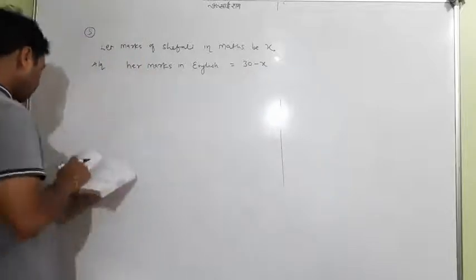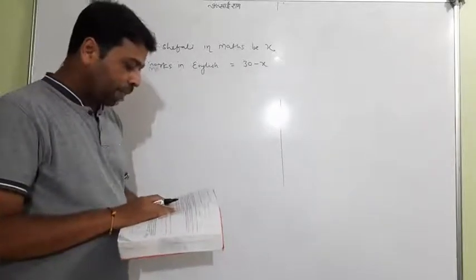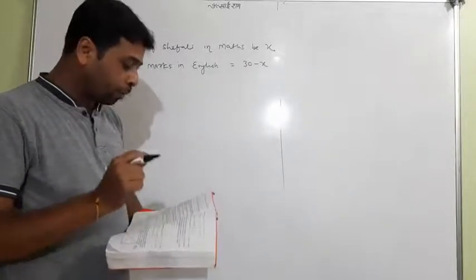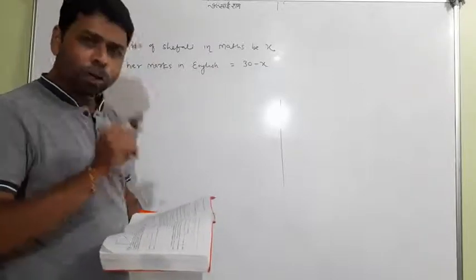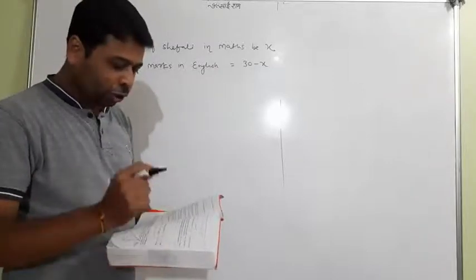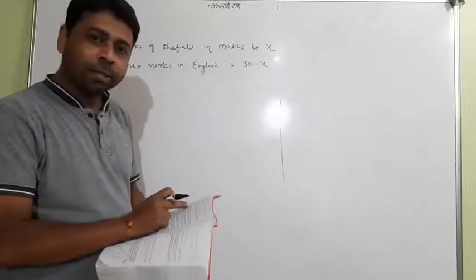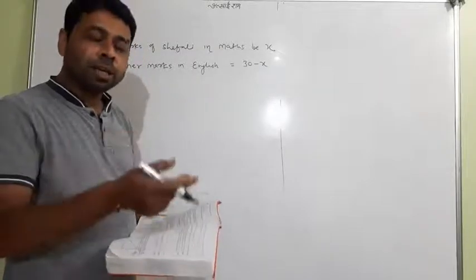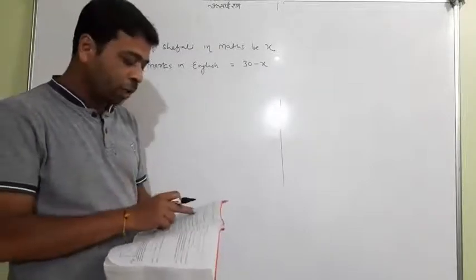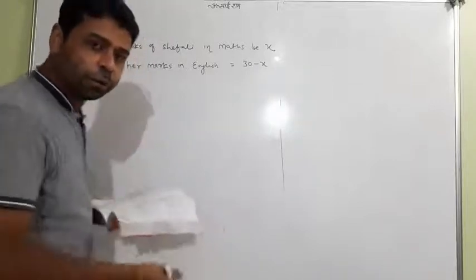Now the question says, had she got 2 marks more in mathematics. You can also read it like: if she got 2 marks more in mathematics, meaning she is getting, in the second condition, a rise, and 3 marks less in English. So the new marks will be there.